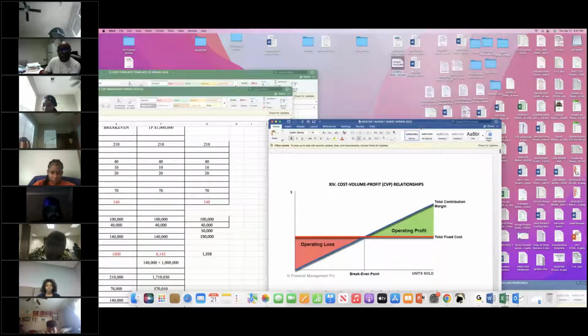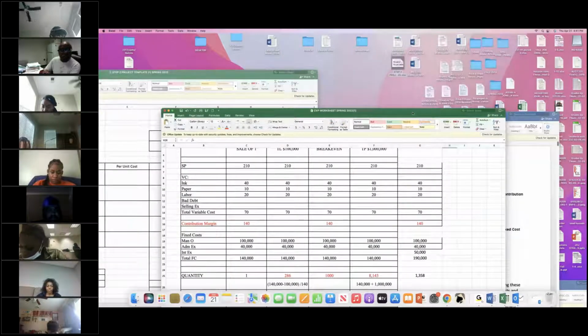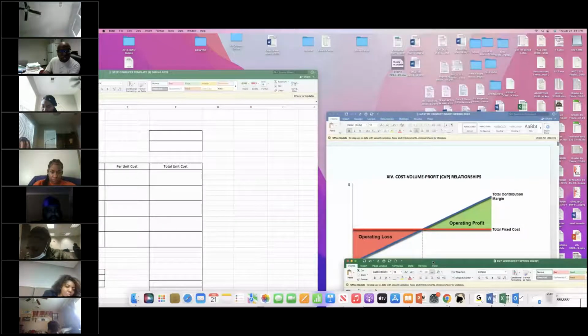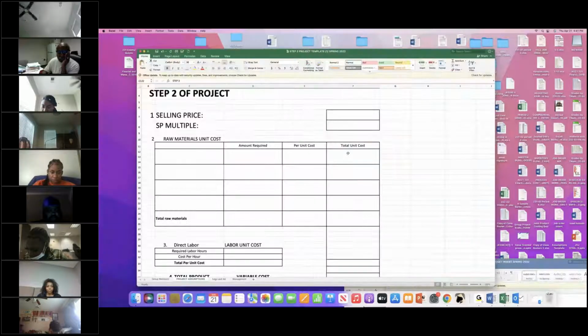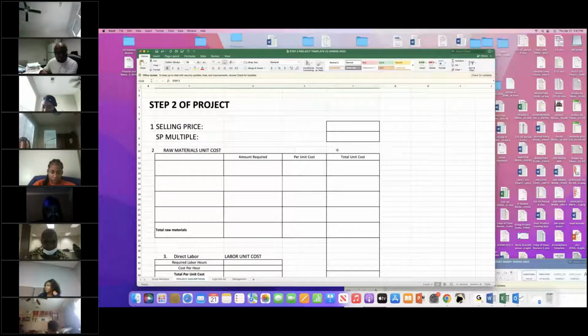Okay. Hopefully you got this done. Now let's look at this template that you got to do. As we work on this template, your selling price is going to be a multiple, but only a multiple of the product cost, labor and overhead.